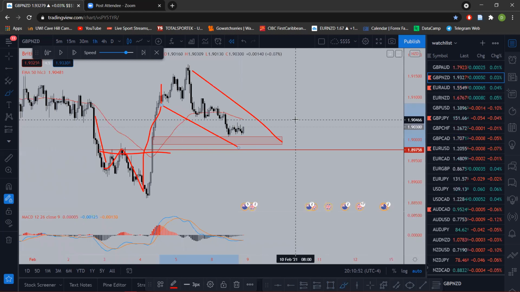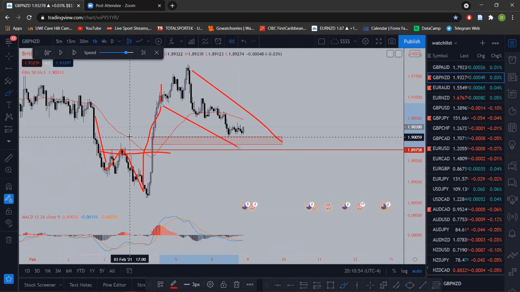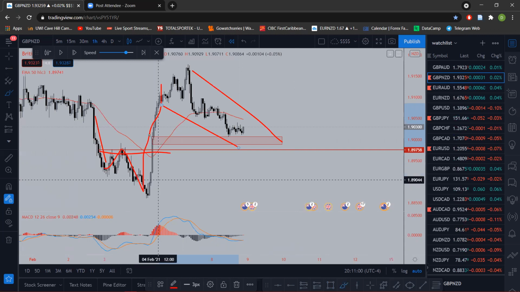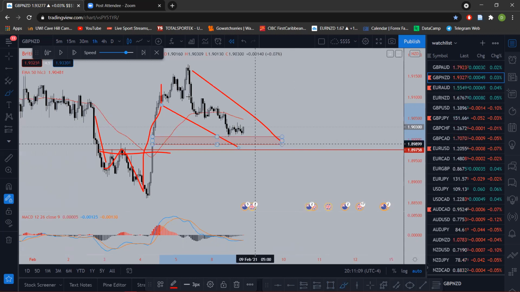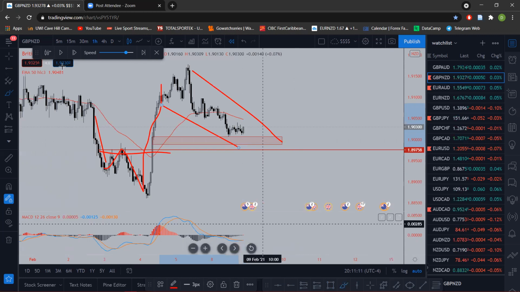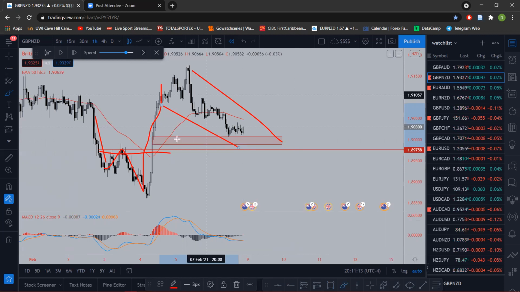So with flags, we don't want to see these long candles that we did in the impulse. Because if you see these long candles here, we know it may not be a flag, but it could be a reversal. So instead of price coming here and going back up, price will just shoot right down, right? So we want to see a shorter set of candles compared to those of the impulse.